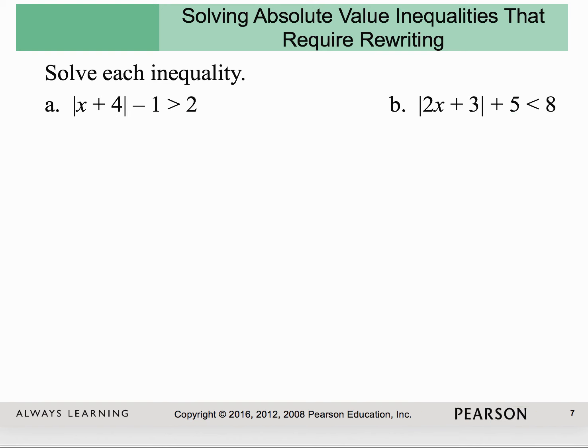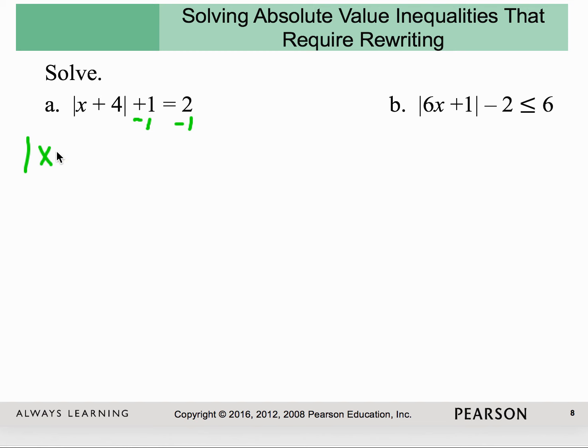Okay? Absolute value has to be by itself. Doesn't matter about anything else right now. It's got to be by itself. Now, once it's by itself, look to see if it's an equal, less, or greater.